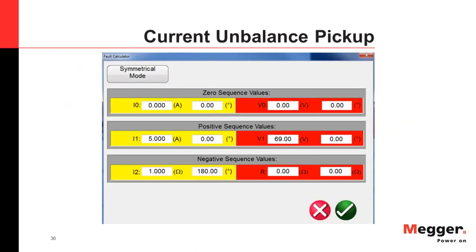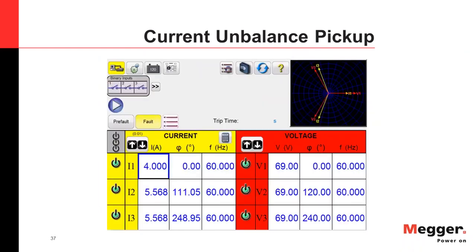Many software packages nowadays have software for the testing of relays. They have a sequence component window, and you can just type in your sequence component values in here and see what my actual phasor values would be.